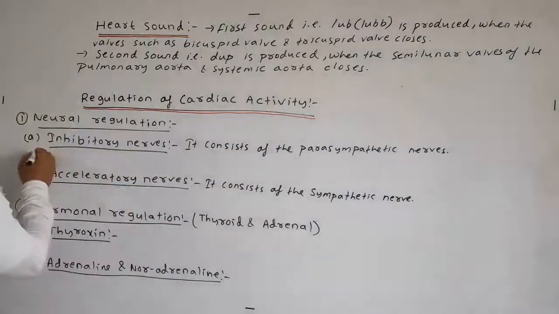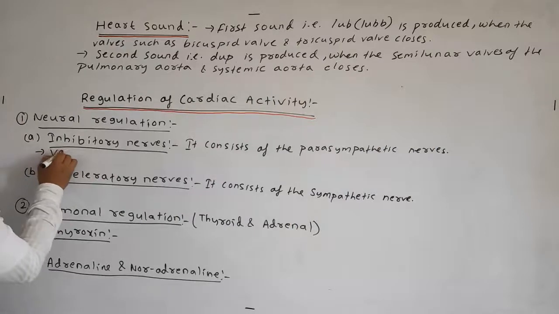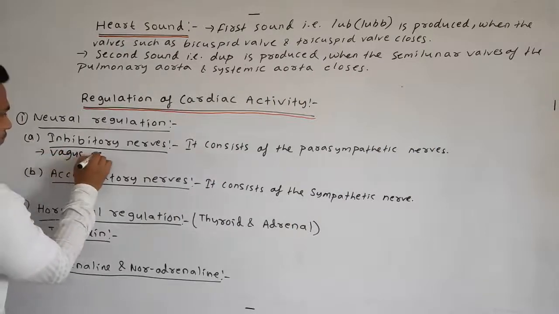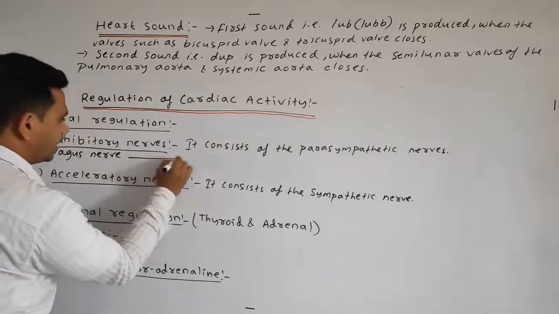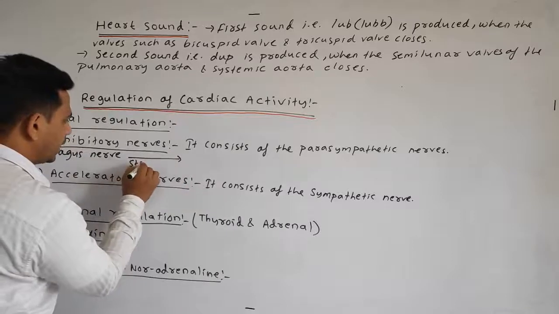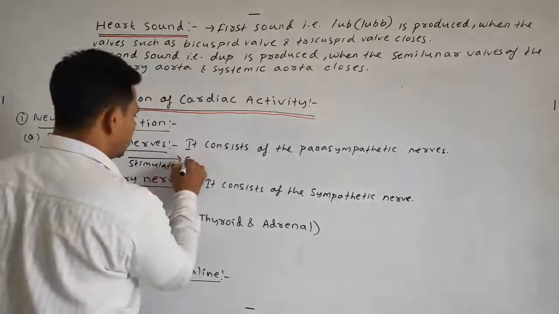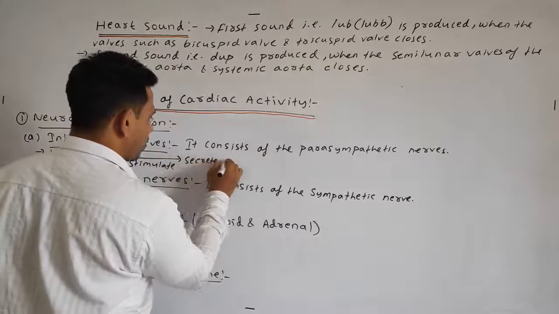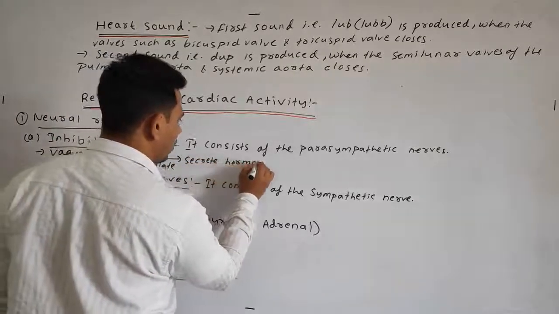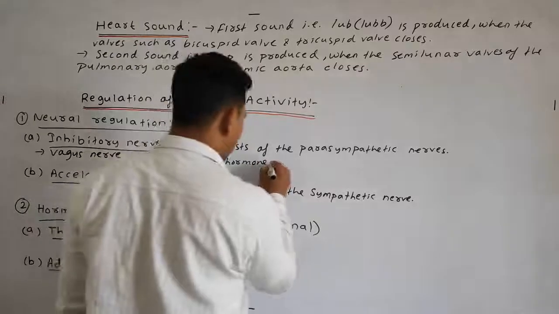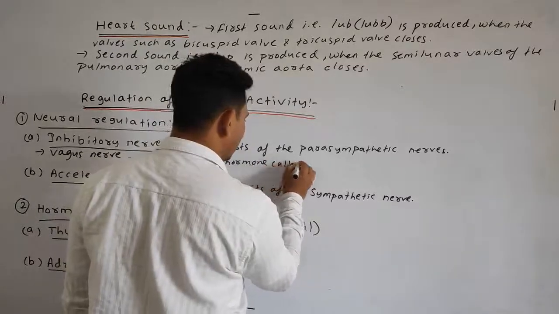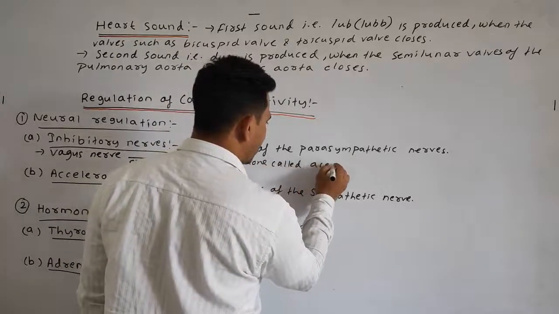The nerve which is associated with it is called the vagus nerve. The vagus nerve stimulates to secrete the hormone called acetylcholine.